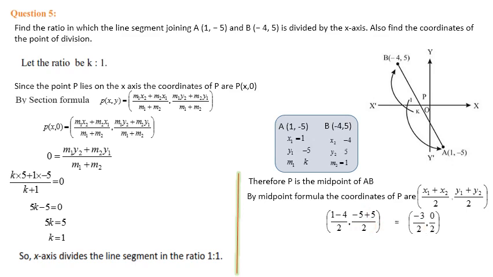So 1 minus 4 is minus 3 divided by 2, minus 5 plus 5 is 0 divided by 2. Finally, (-3/2, 0) are the coordinates of the point P. That is the answer.